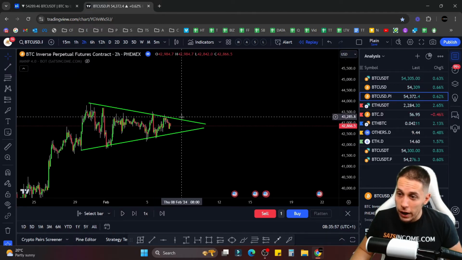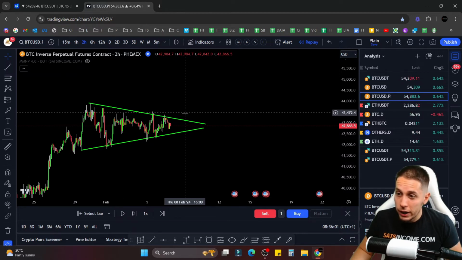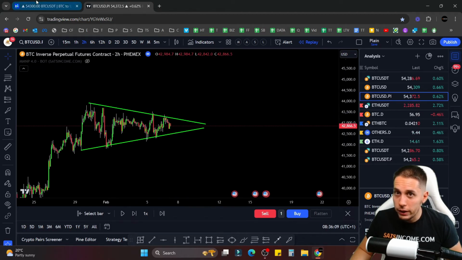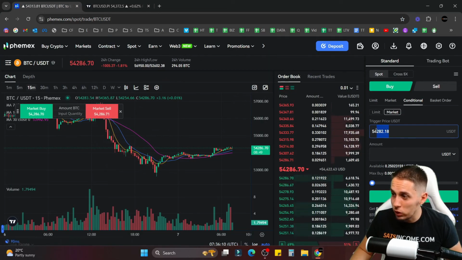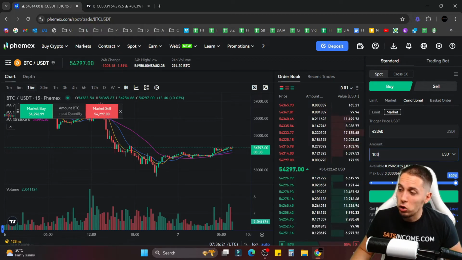You are going to have to place an order something like this, $43,300, right above this top of a triangle right here. So $43,340. So this is the price that you're gonna add right here, $43,340. Then all you have to do is to type here the amount for which you want to buy and just place your order, click buy.